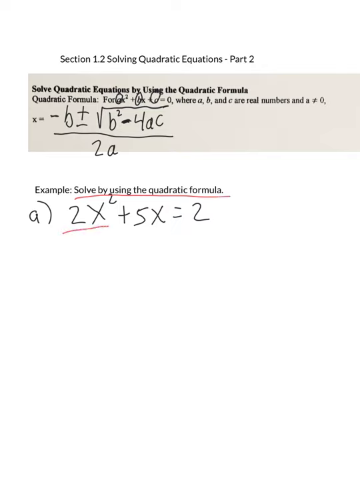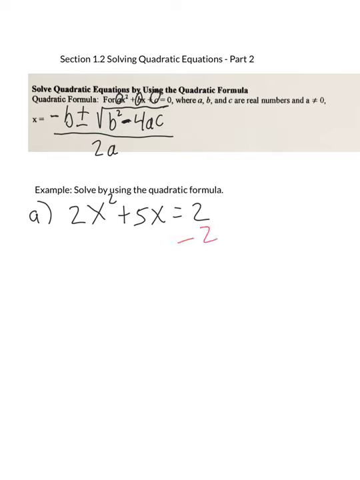A has 2x squared plus 5x equals 2. So just like when we were solving by factoring, the first step is to get the equation into standard form. So get the equation equal to 0. If there's anything other than 0 on the opposite side from the x squared term, move it over.